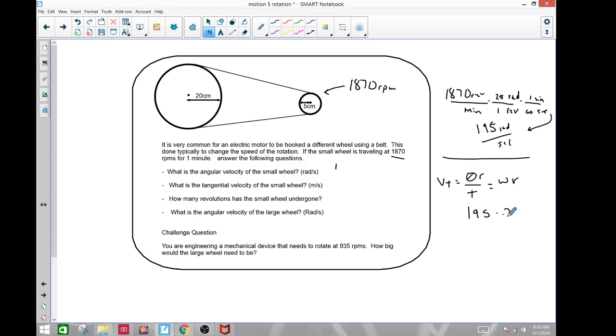It's 5 centimeters, so I grabbed the wrong one here, but 5 divided by 100 would be 0.05 meters. So that thing's spinning around at a pretty quick rate. 195 times 0.05 is 9.7 meters per second.